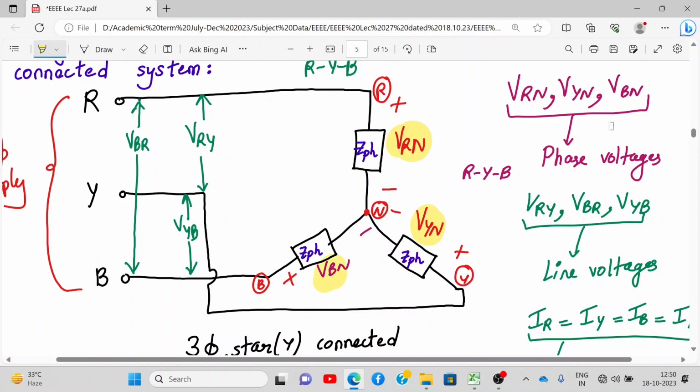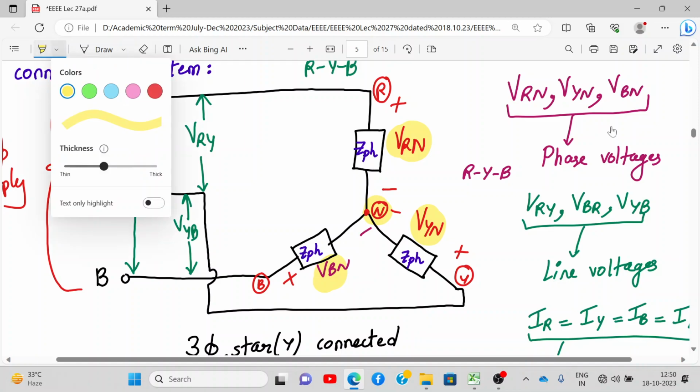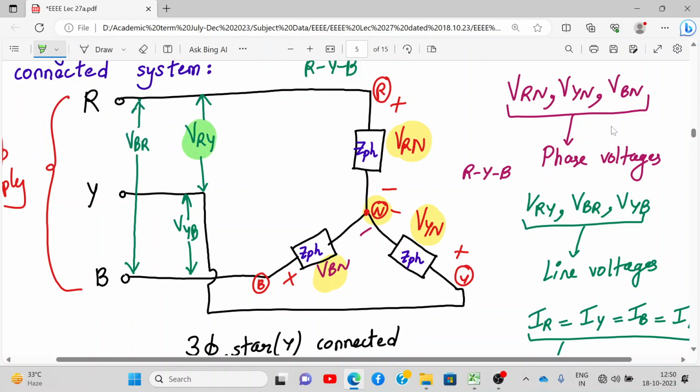They are measured with respect to neutral terminal. Understood? All the line voltages I'm marking in green color. Simple hai. Phase voltages are measured with respect to phase and neutral. Line voltages are measured with respect to each other: RY, YB, and BR. Alright?